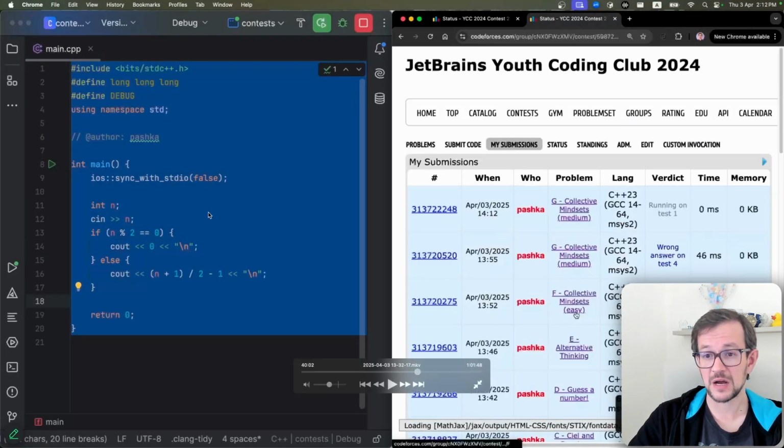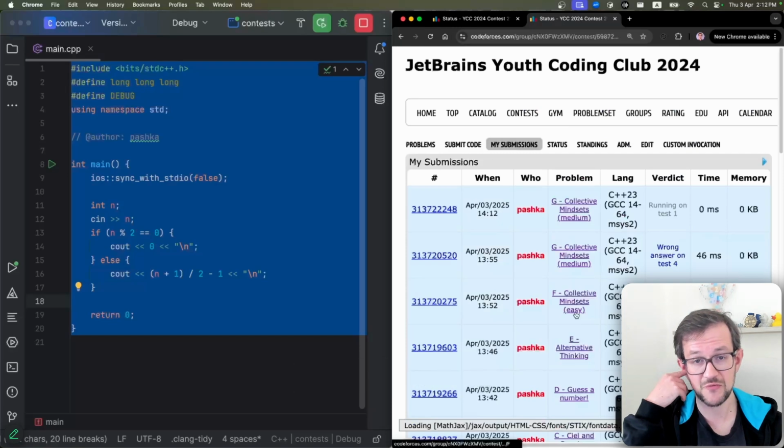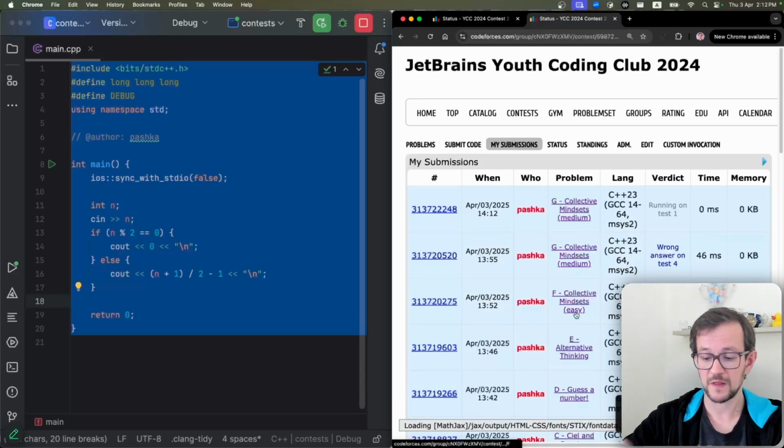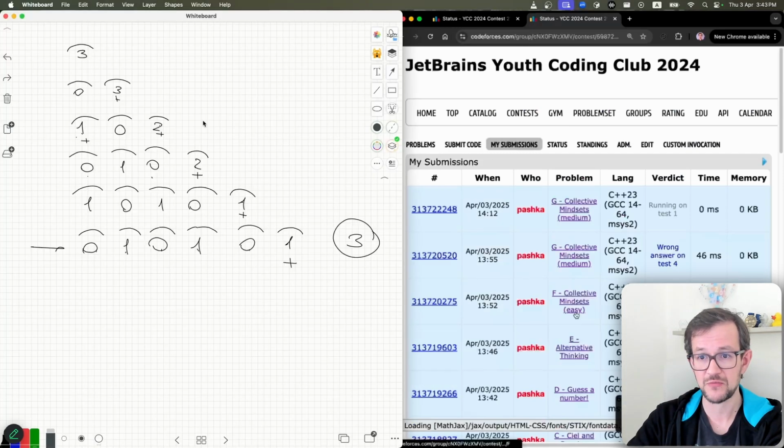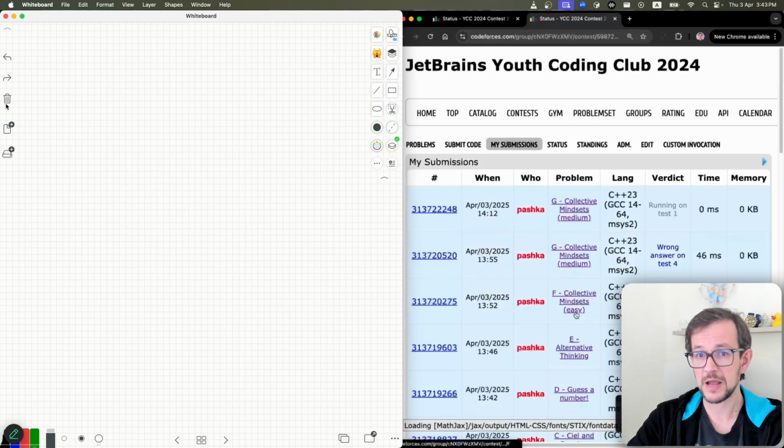No. Here I thought the following. I thought that if I have 4 people, I don't need any coins, because if I have 4 people and I have 0 coins, I can just assign them like this.